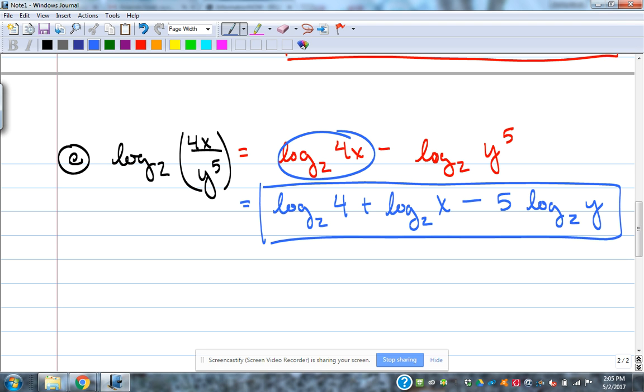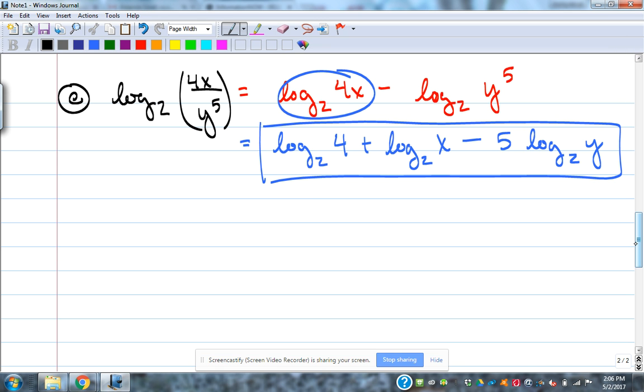After you've done several of these, some of you probably can do it now, do that in one step. And I'm fine with that. Being able to expand it or condense it in one step. We're going to condense in just a minute. The expanding really helps us learn the properties. The condensing is what really is going to help us in solving equations later on.